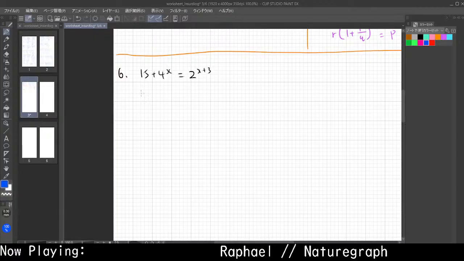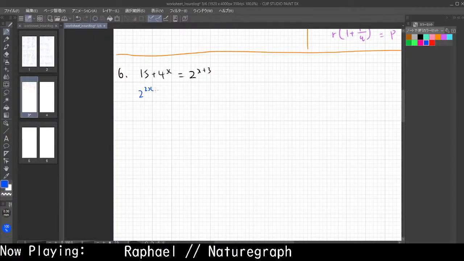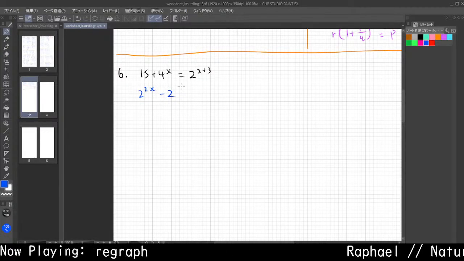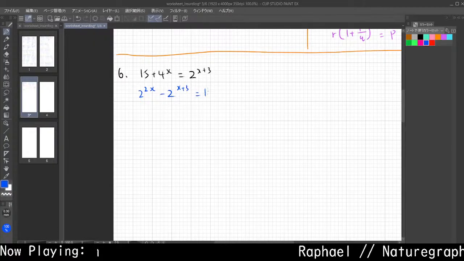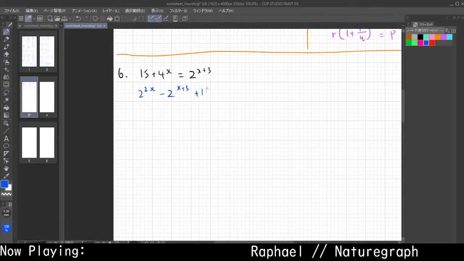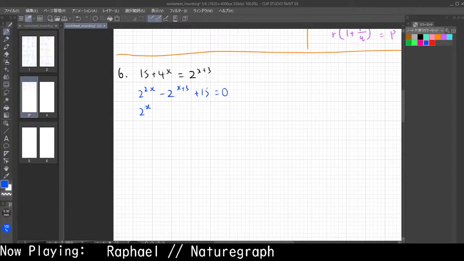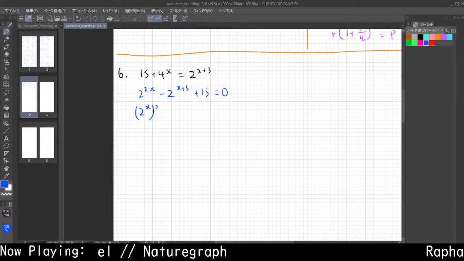So first you rearrange. 4 is 2 squared. Okay, we do this because we can. Then 2 to the 2x minus 2 to the x plus 3 plus 15 equals 0. You can swap 2 and x to write 2 to the x in brackets, squared.